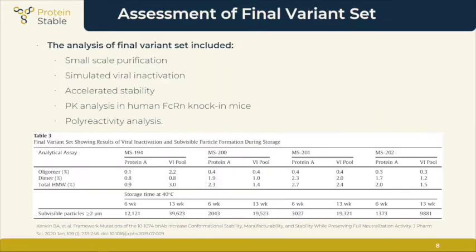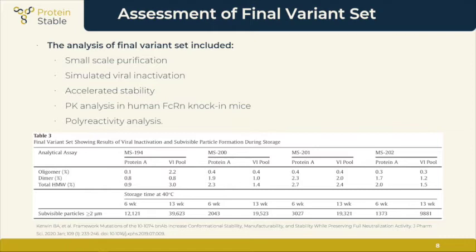And so in the final round, they looked at a small-scale purification study, simulated viral inactivation, accelerated stability, a PK analysis, and polyreactivity analysis. Here I've extracted table 3 from the publication, which contains the accelerated stability study.